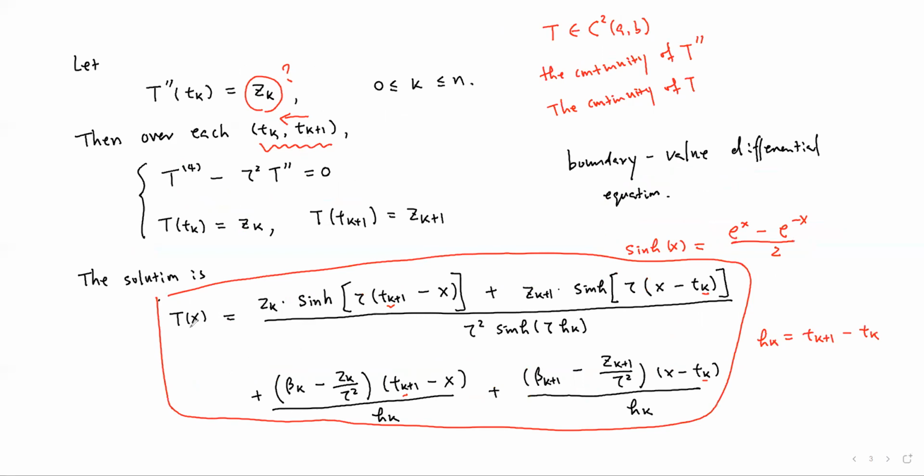So this function is not a polynomial. In this example, we use a non-polynomial function to do interpolation. Yeah, this is a tension spline. I just give you some idea how people use other functions to do interpolation. A second example is if the data is periodic.